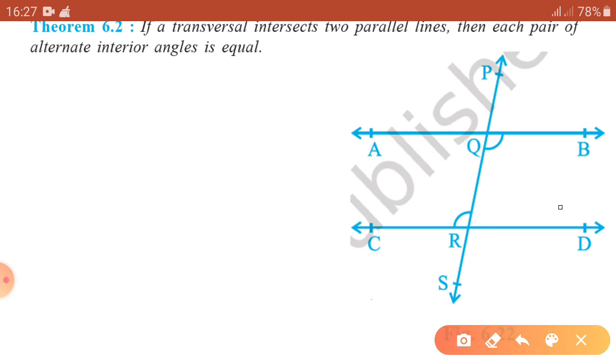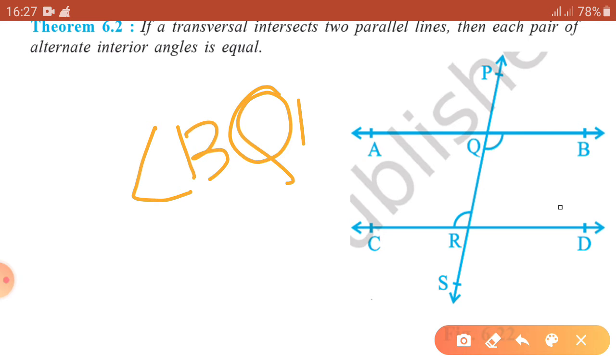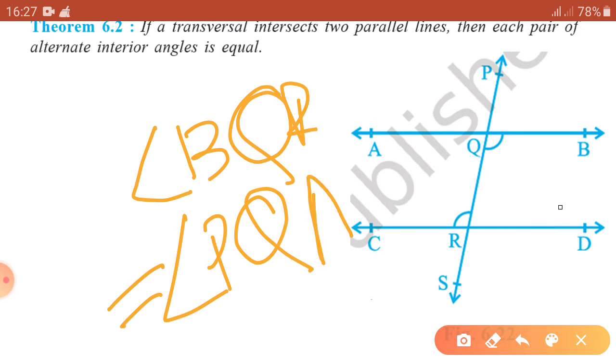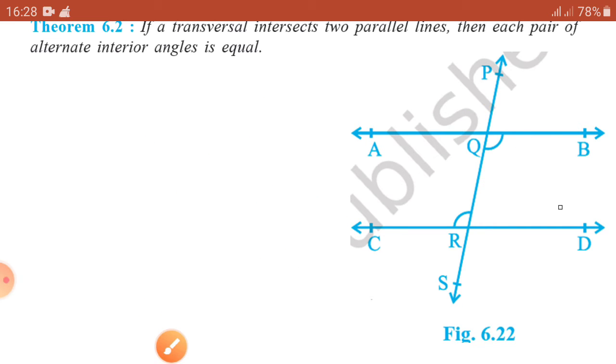Now angle BQR is equal to angle PQA. That means this angle is equal to PQA, because we know these are opposite angles.